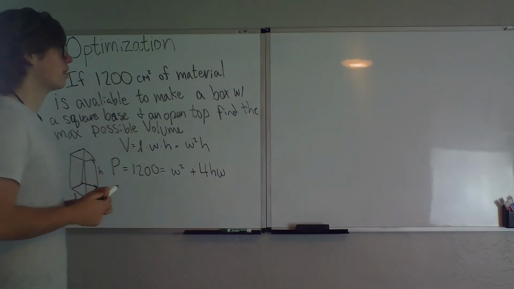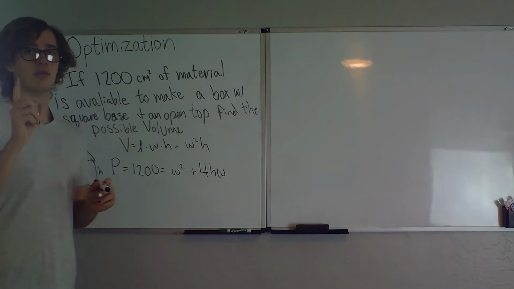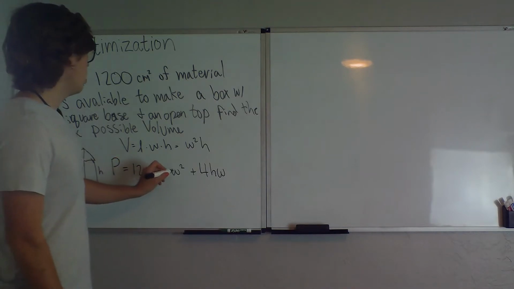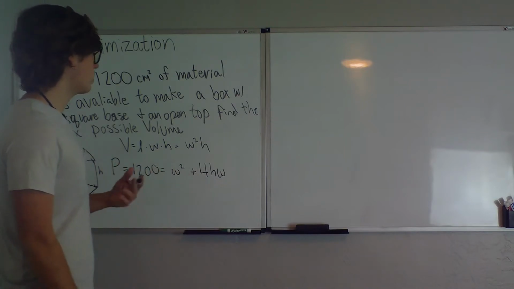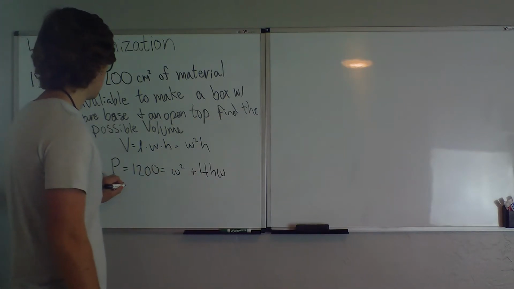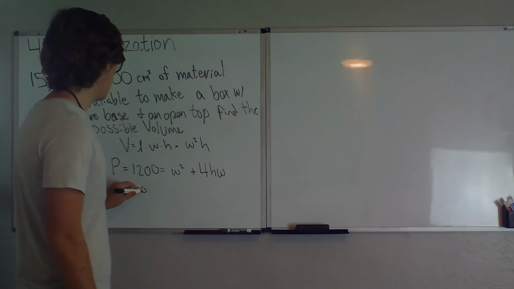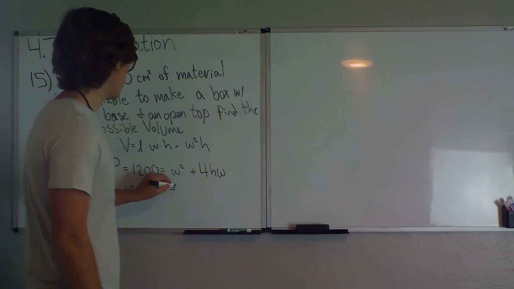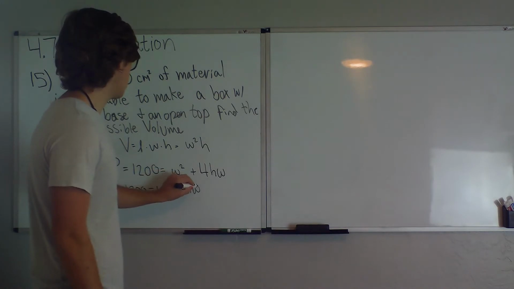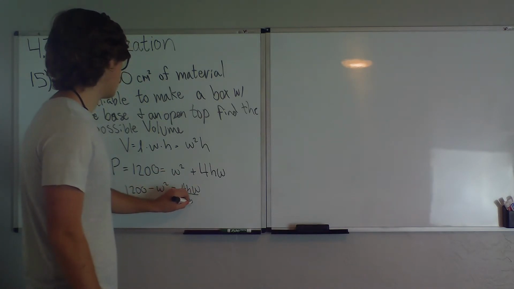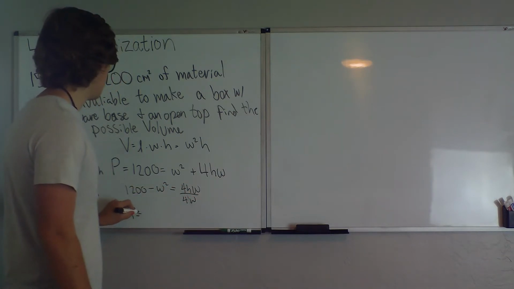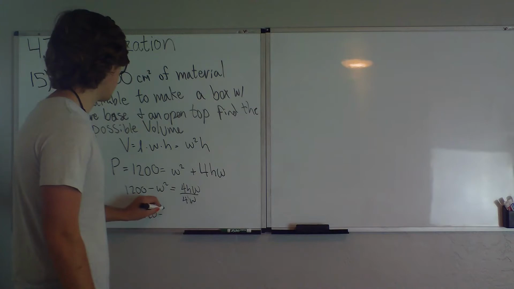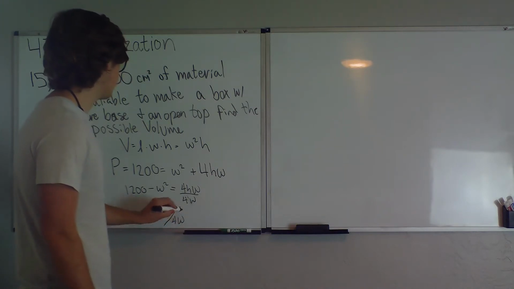And then next, what was the next step? Well, we wanted to solve it all as one variable. So we want to get rid of our H and just solve for W, because that's easy. So we get 1,200 minus W squared is equal to 4HW, and then we divide by 4W, and we get H is equal to 1,200 minus W squared, all divided by 4W.